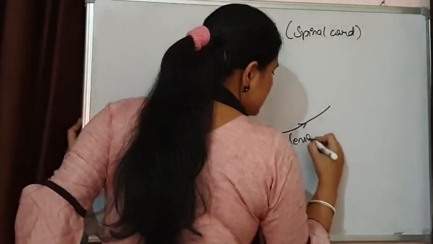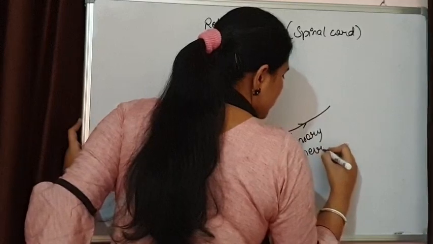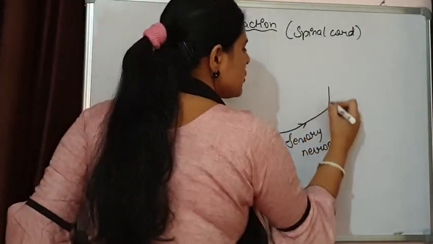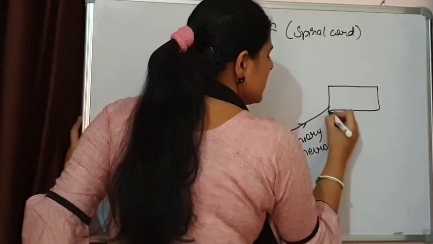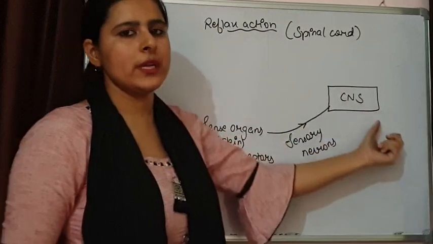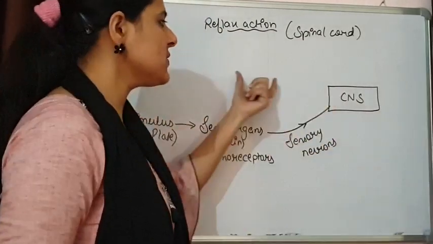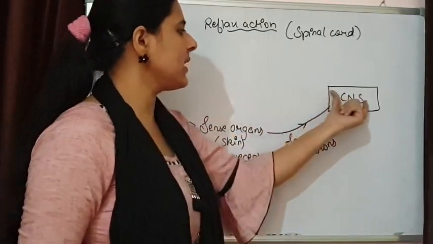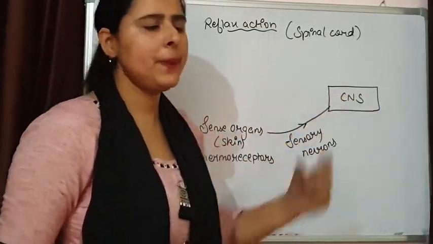So these will be the sensory neurons, and these sensory neurons are going to deliver the message to the central nervous system. This central nervous system can be the spinal cord or it can be the brain. If it is a spinal reflex, here spinal cord can be written. If it is a cerebral reflex, we can write down brain.